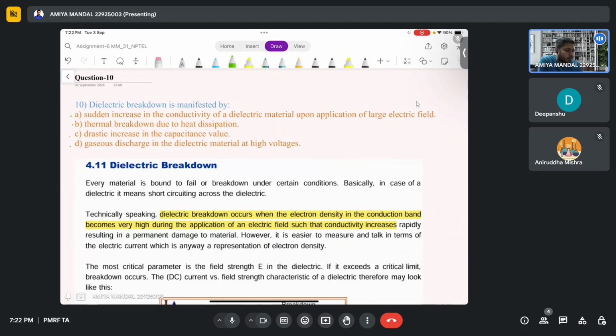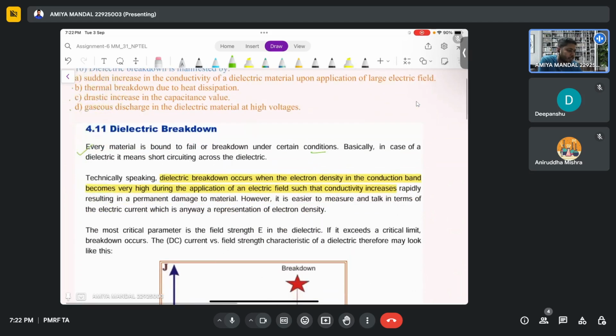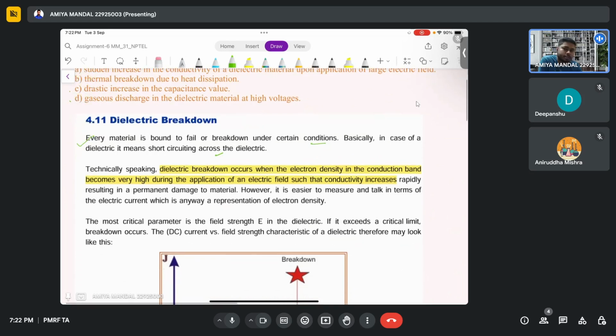Just read this. Every material is bound to fail or break down under certain conditions. Short circuiting means accumulation and generation of more charges after a certain limit. Dielectric breakdown occurs when the electron density in the conduction band becomes very high during the application of an electric field, such that conductivity increases. That is the main point.